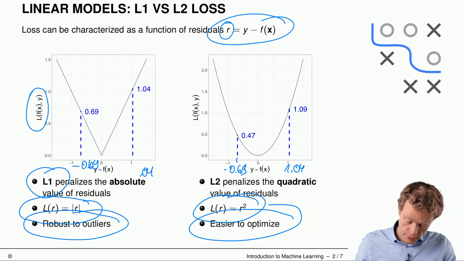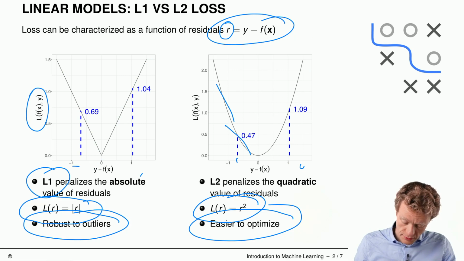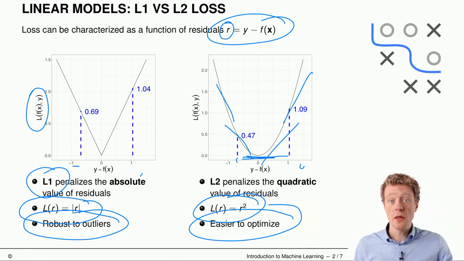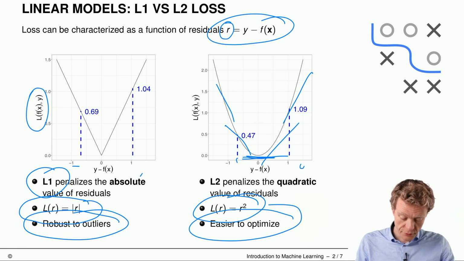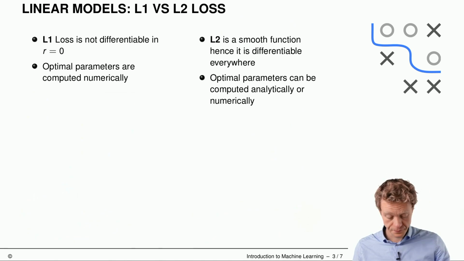We can take the derivative at each point, also at 0. And we cannot do this with the L1 loss. We can take the derivative everywhere but here. So it's not differentiable in 0. So the L2 loss is easier to optimize.